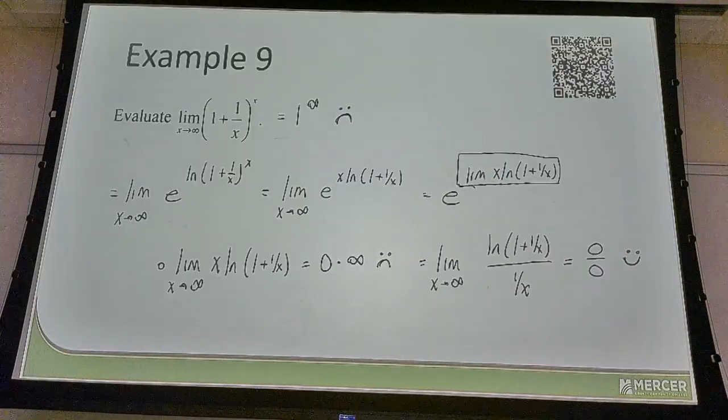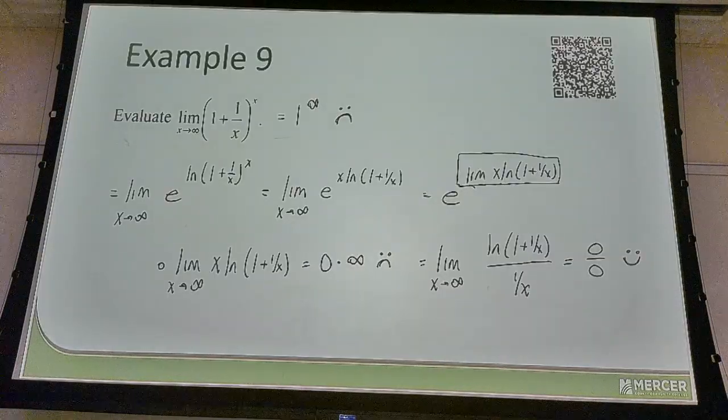What is the derivative of the numerator? Minus 1 over x squared times 1 plus 1 over x.